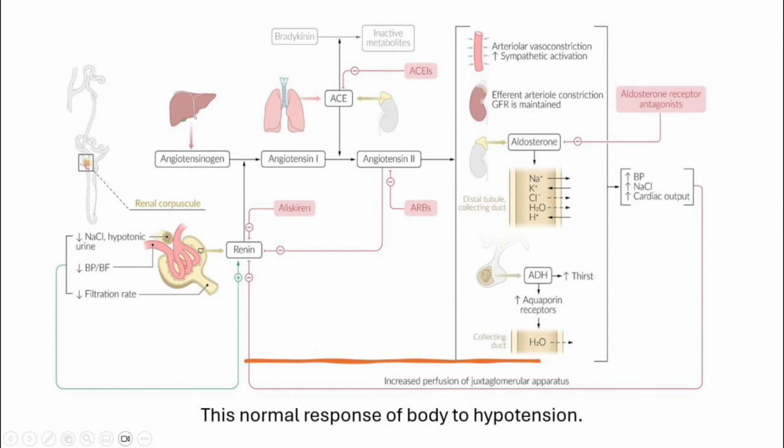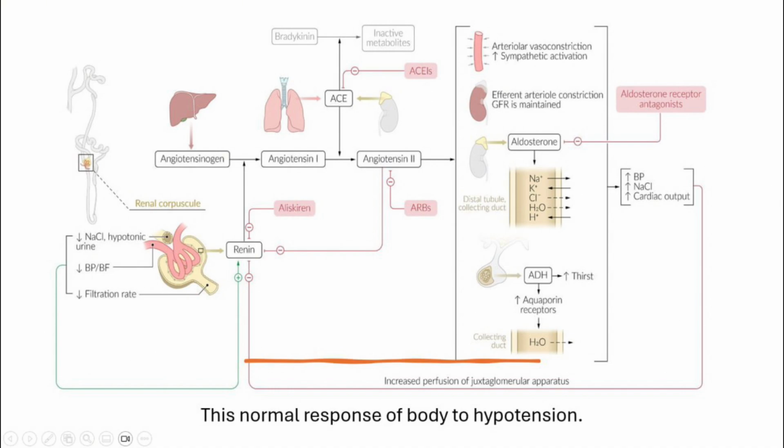So this angiotensin II has various effects. It will cause arteriole vasoconstriction and sympathetic activation. This will drastically decrease the GFR for the short term, but this will increase the GFR in the long term.